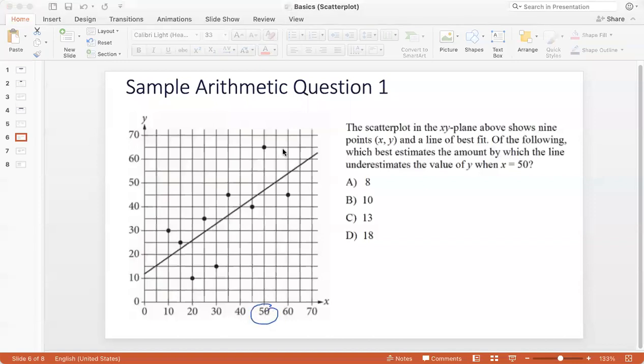So when x is 50, the actual value of y, you can see, is 65, right? And the line indicates a value of y, which is this, which is kind of, let's say 47, something like 47. So the line underestimates the actual value of y by 65 minus 47, which is 18. So the right answer is option D.